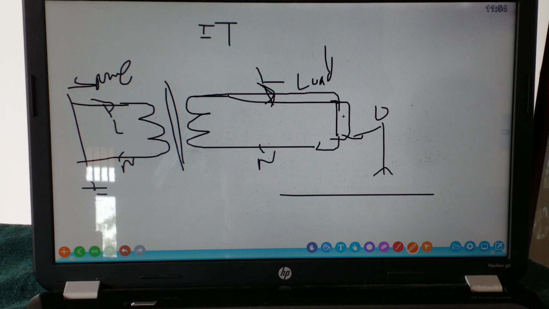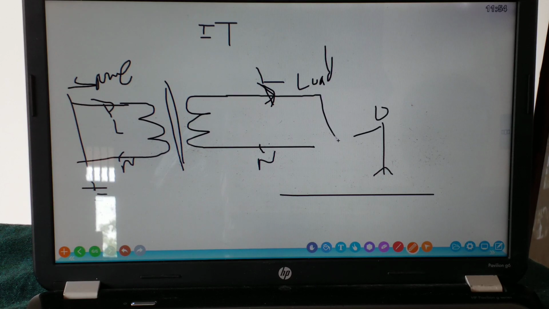Okay, let's think this load is not there. Only the phase I am going to touch. Here it generates current, and to earth, and to where? Nowhere to go. It is electrically separated.